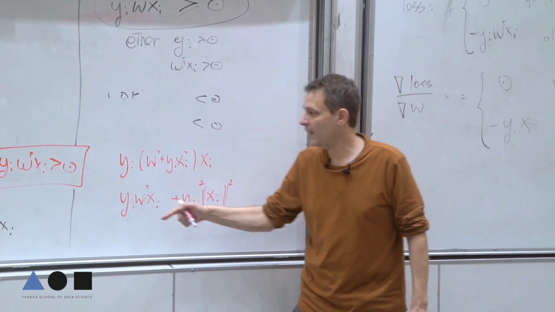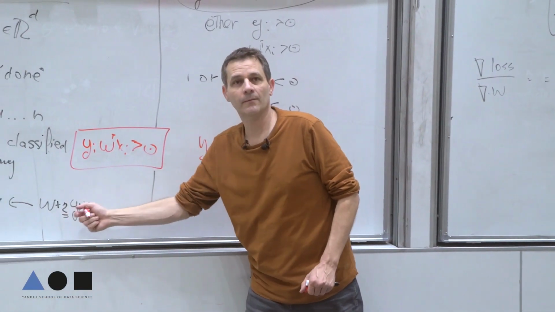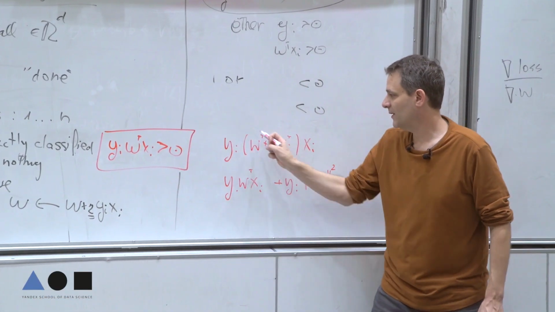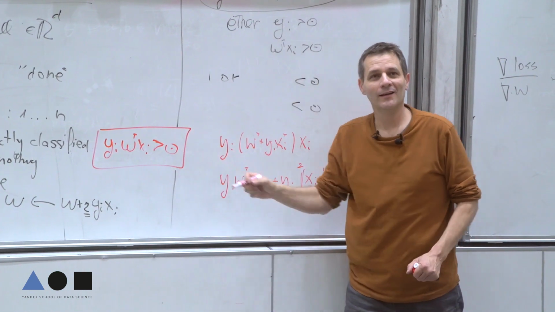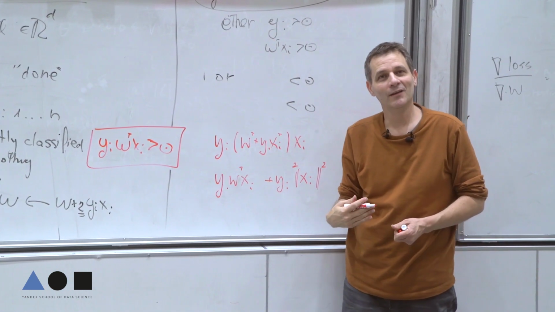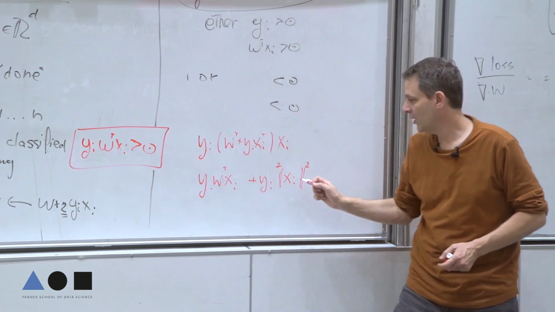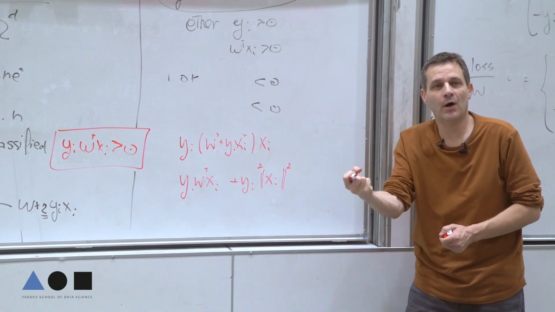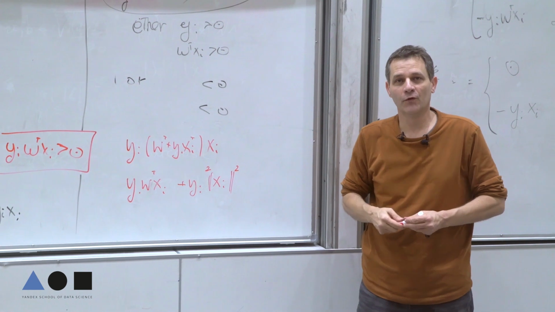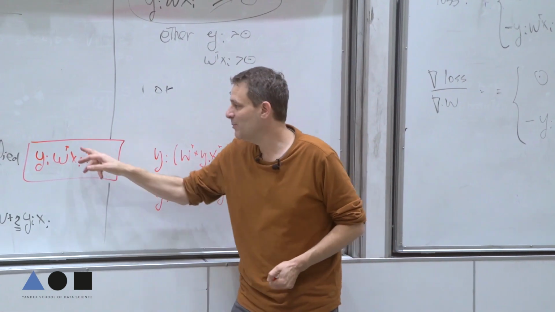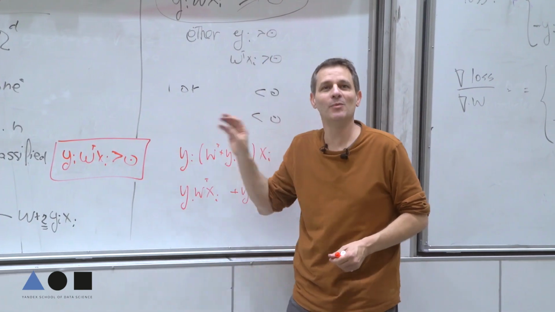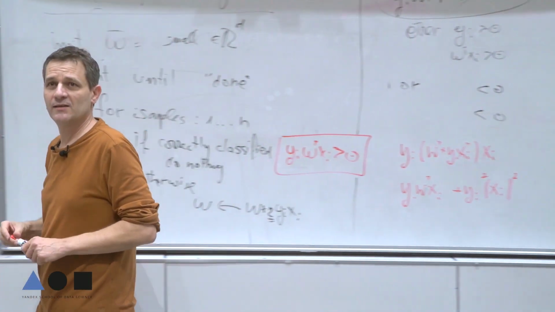So every time you do this update, that condition is more likely to be obeyed because you basically add a positive term. For that specific sample, you keep increasing this side, and at some point you're going to be positive. Does that make sense?